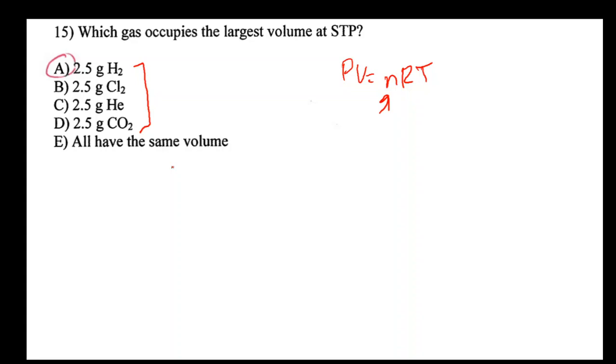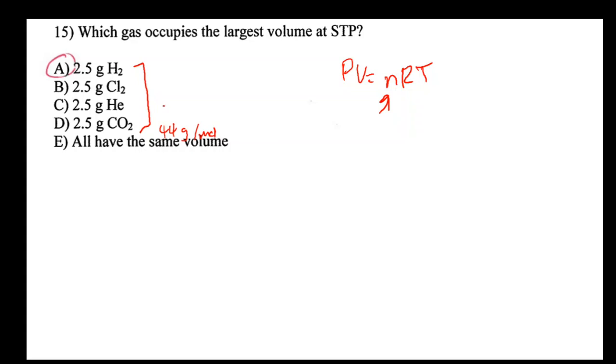We essentially don't need to figure out the exact number of moles. If we just look at the approximate molecular weight of each of these substances, the lightest one should give us the most moles, since all the masses are equivalent. So if we're just spitballing here, this bottom one, D, carbon has 12, 2 oxygens are 16 each, so that'd be roughly 44 grams per mole.